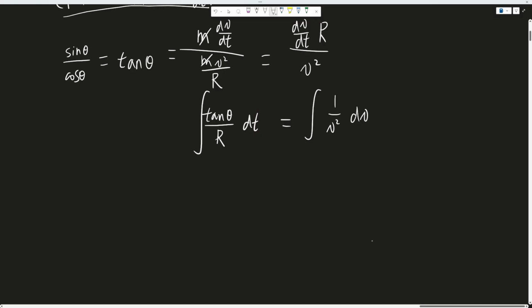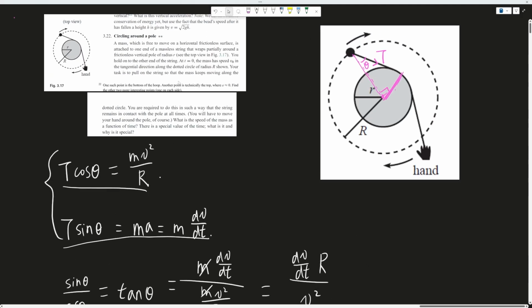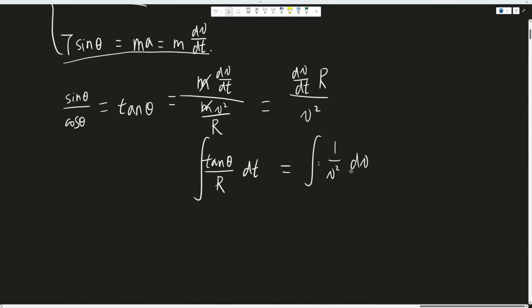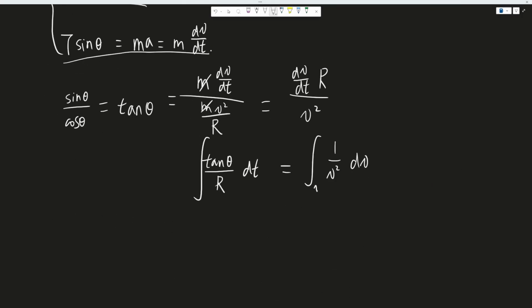And let's put in some bounds here. According to the question, the initial velocity is v0, so v of 0 equals v0, and we have some velocity v. For the time, we're putting bounds 0 to t.